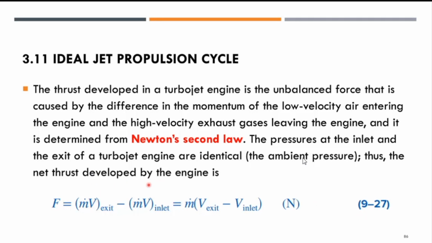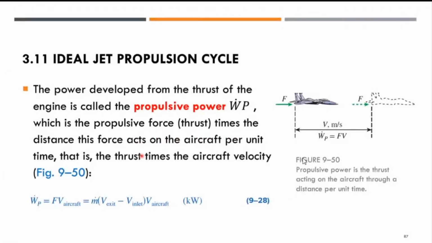Okay, the net thrust F equals the mass flow rate times the exit velocity minus the mass flow rate times the inlet velocity. Okay, basically the mass flow rate is the same by conservation of mass, and the velocity difference is between the exit and the inlet. And the power developed from the thrust of the engine is normally called the propulsive power.